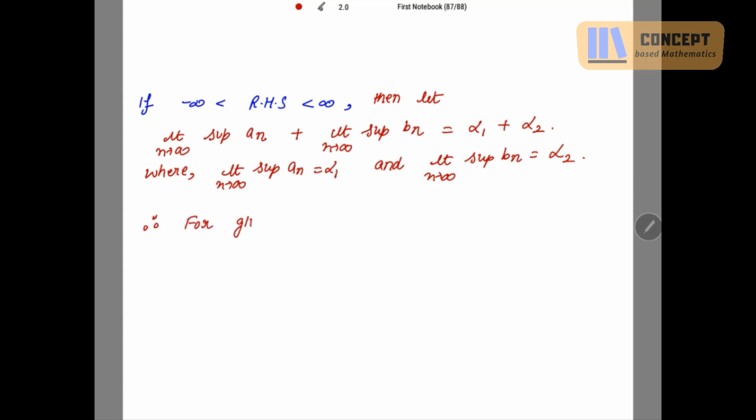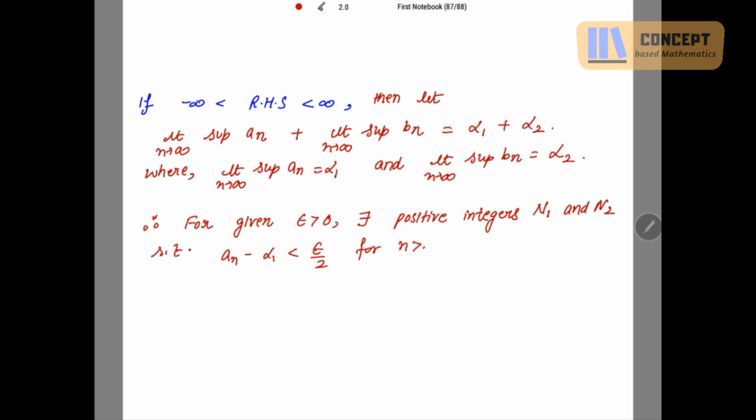Now for given epsilon positive, there exist positive integers n1 for alpha 1 and n2 for the other part, such that for the first one, since limit n tends to infinity supremum of an equals alpha 1, an minus alpha 1 is strictly less than epsilon by 2 for n greater than or equal to n1.